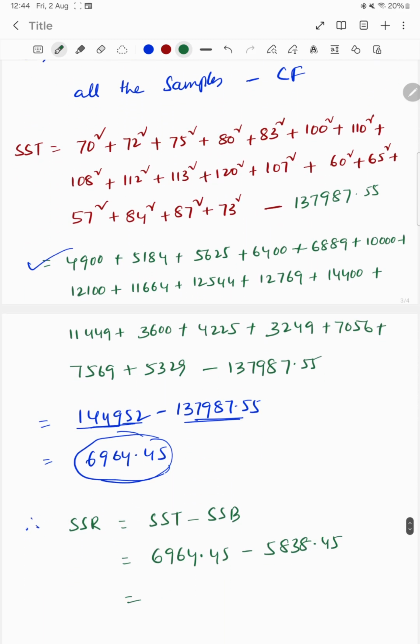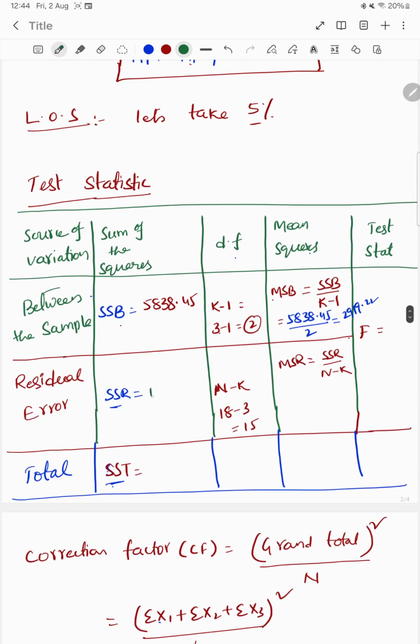I am just putting this in the calculator: 6964.45 minus 5838.45 gives us 1126. So SSR is equal to 1126.